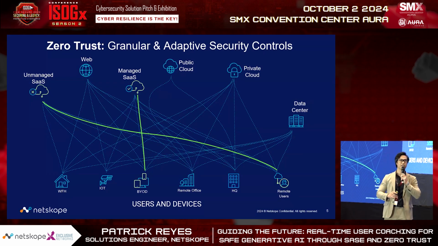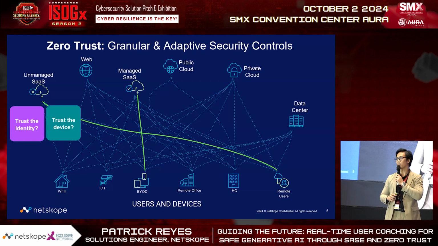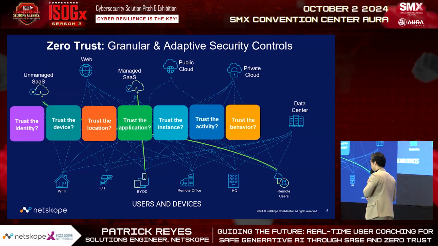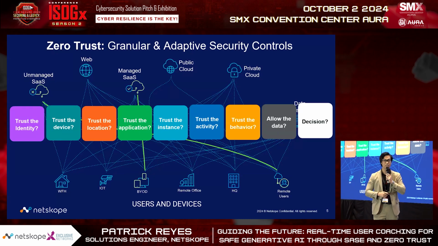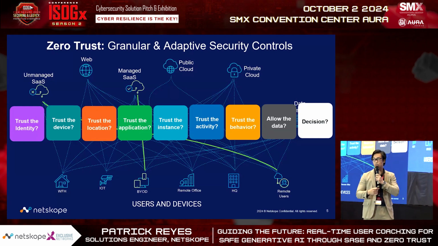Now, with the guardrails that we put along the road, we need to identify and verify continuously if there's any security risk. Is there any risk in the user identity? How about the user device that they're using? Are they managed or unmanaged? How about their location?